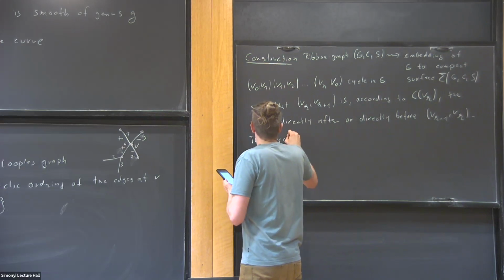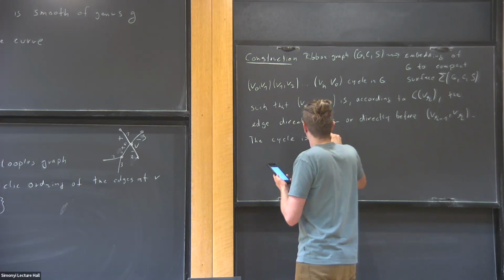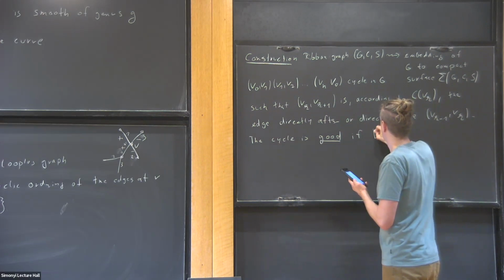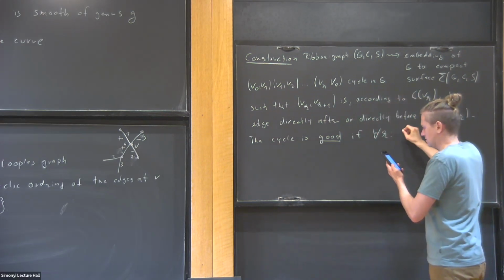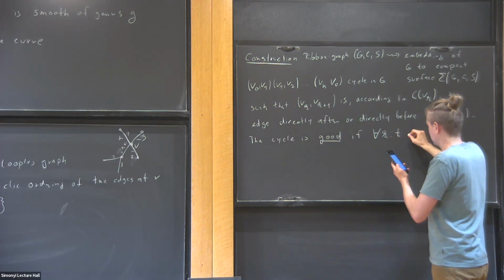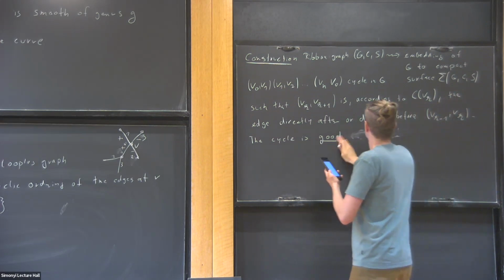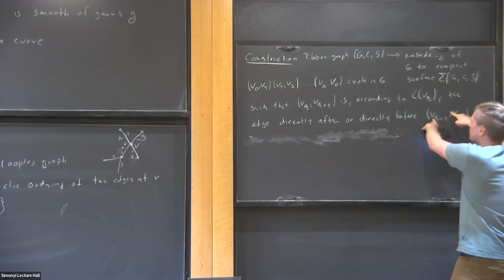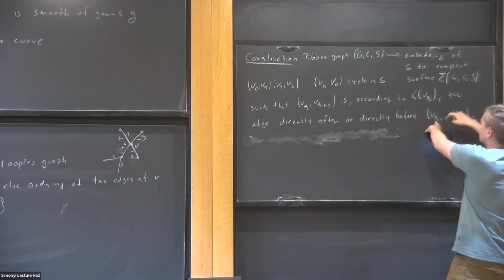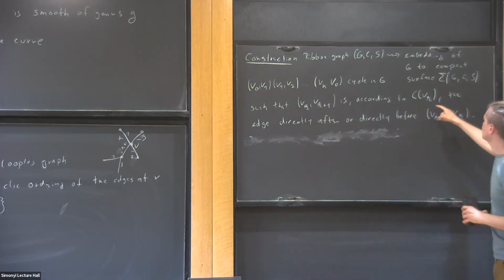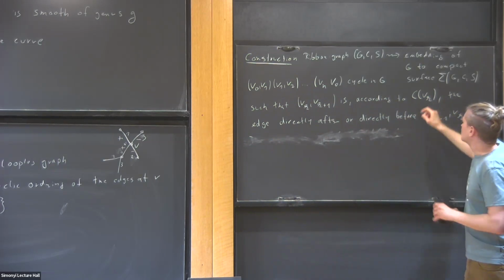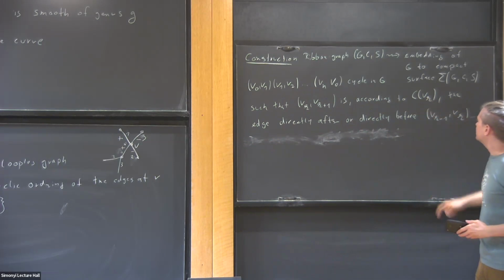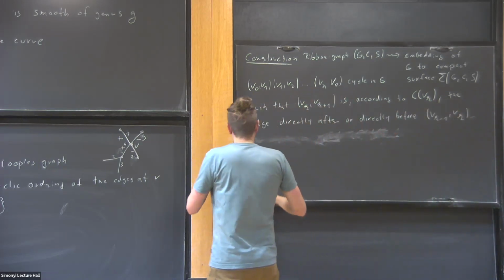Then the cycle is good if, for all k, sorry, we have two situations. Either the next edge in the cycle is, according to the cyclic ordering at this vertex, the next or the previous one, and according to this we give a sign to the vertex.